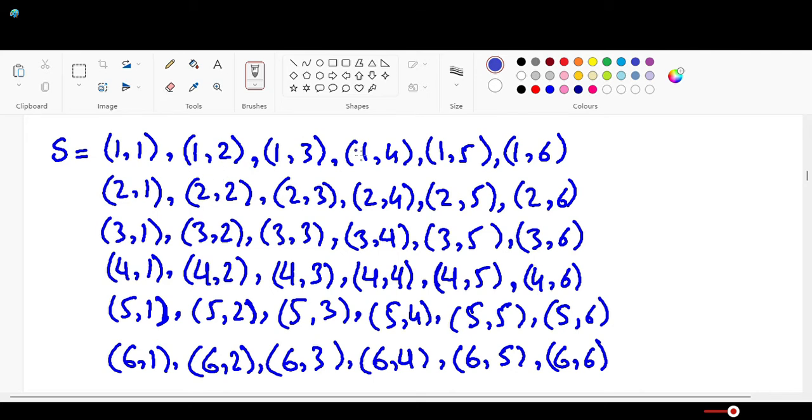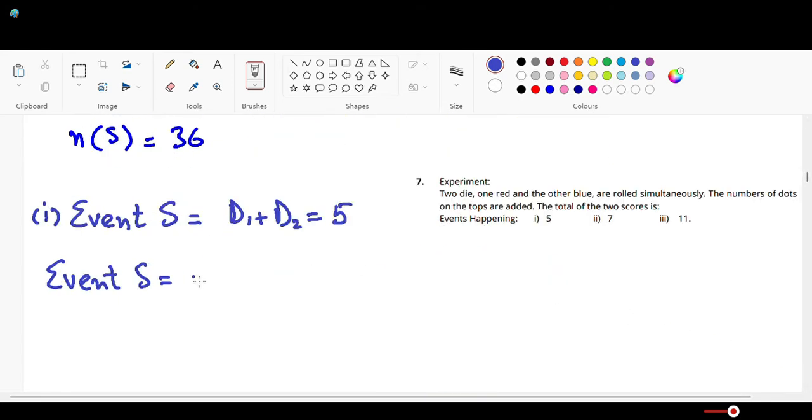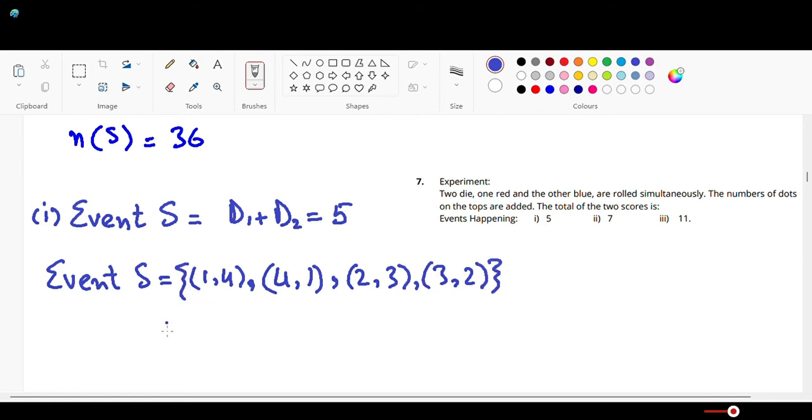Well, we have 1 and 4, and its opposite 4 and 1, and we have 2 and 3, and its opposite 3 and 2. And that's pretty much it. So there are four different combinations which give us 5.